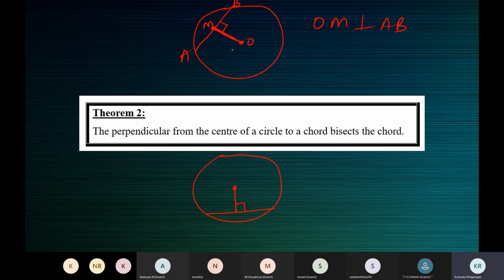That's the converse of the theorem. The theorem is, if OM is perpendicular to AB, then M is the midpoint of AB.